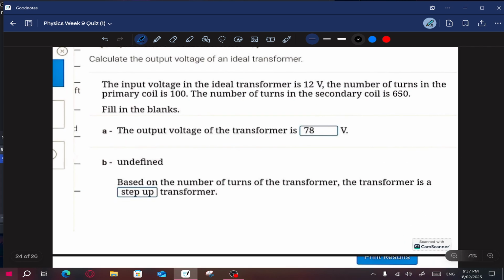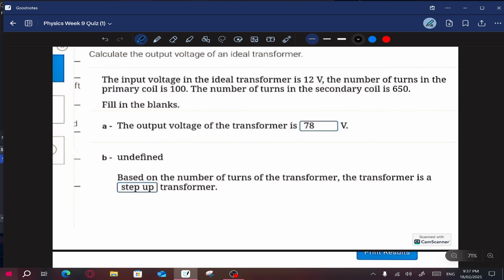Same thing with the voltages of the transformer. The output in the ideal transformer is 12 volts. The primary is 100. The number of turns in the secondary coil is 650. So this is going to be V over 12 equals 650 over 100.